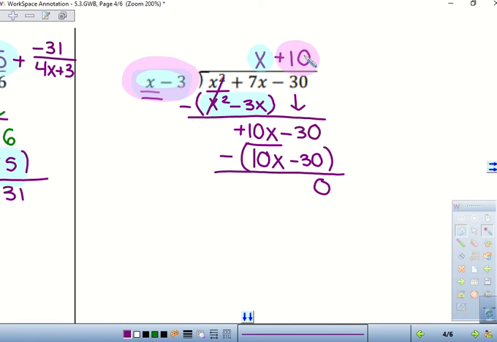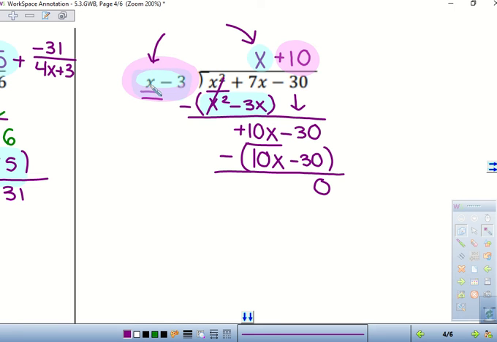This actually has an understanding or a reasoning behind it, or a concept that you need to understand. So when you do long division and you get a 0 remainder, that means that not only is your quotient a factor of your polynomial that you're dividing into, your dividend, but so is the divisor.